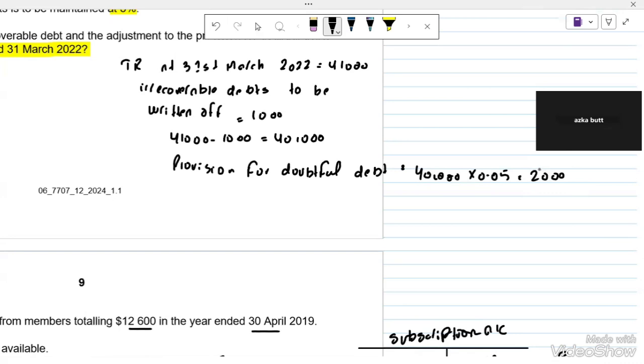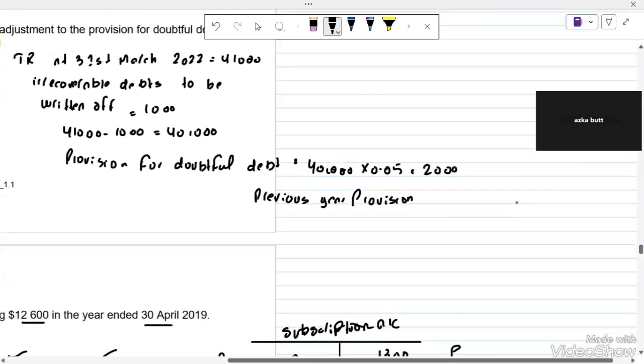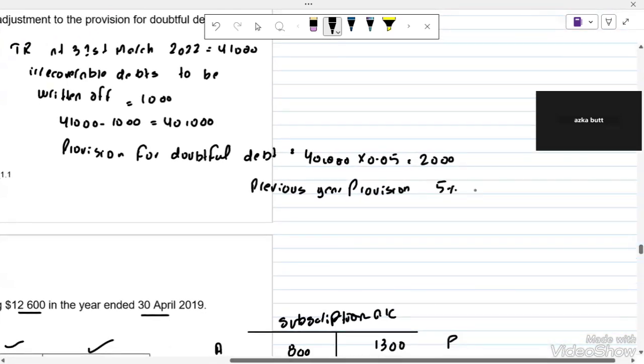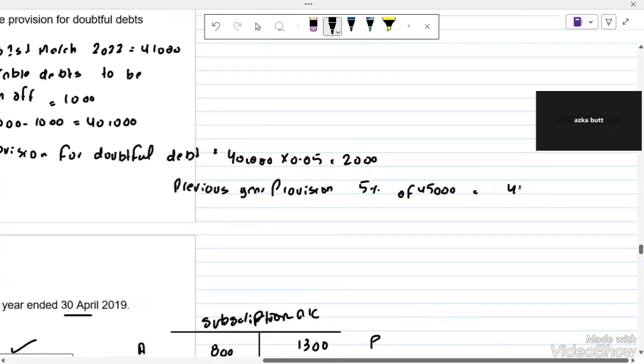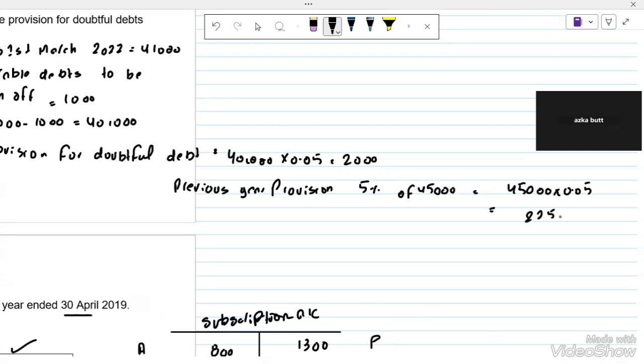Now we need to find out what the previous year's provision was. Previous year provision is 5% of 45,000, which is equal to 45,000 multiplied by 0.05, which is equal to 2,250.